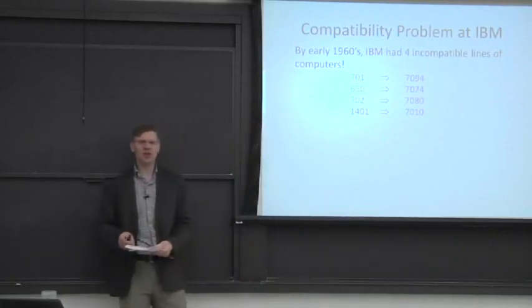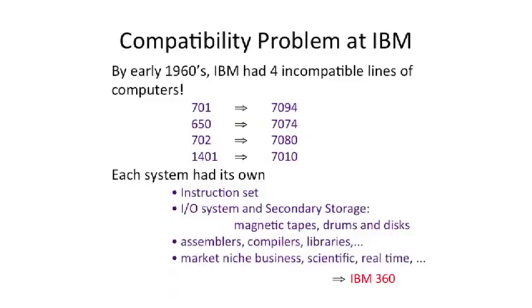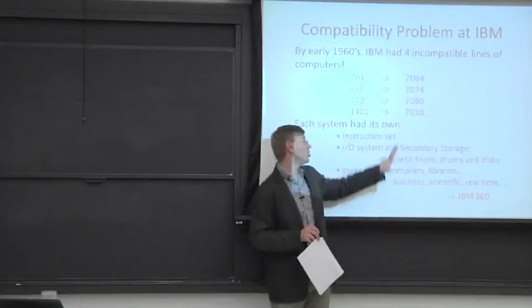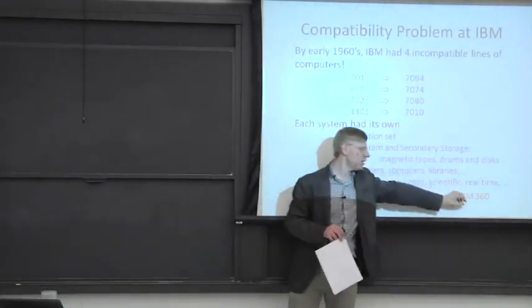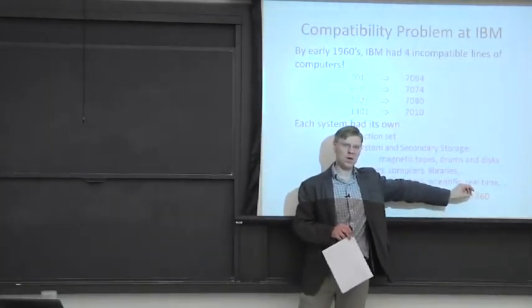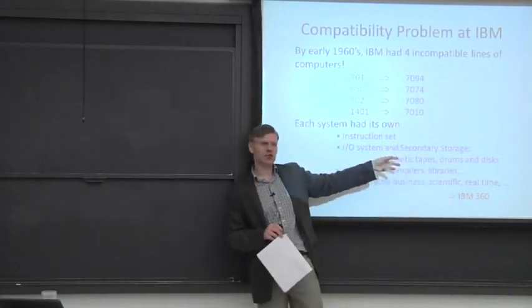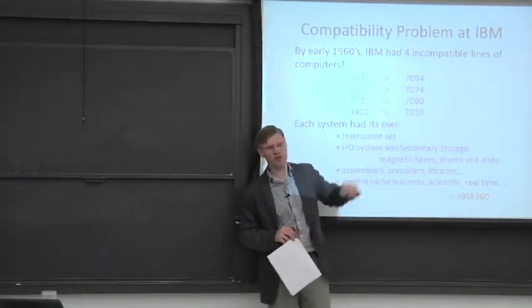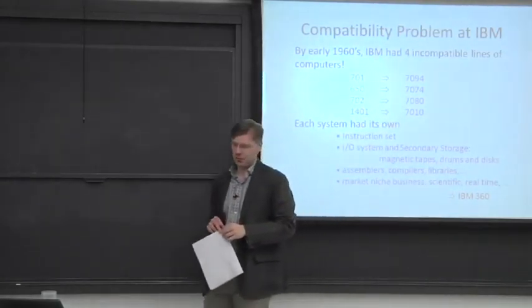So how do they go about solving this? Their solution was they came up with something called the IBM 360. And the IBM 360 was probably the first true instruction set architecture that was implemented to be an instruction set architecture. And the idea here was they wanted to unify all of these product lines into one platform, but then implement different versions that were specialized for the different market niches.